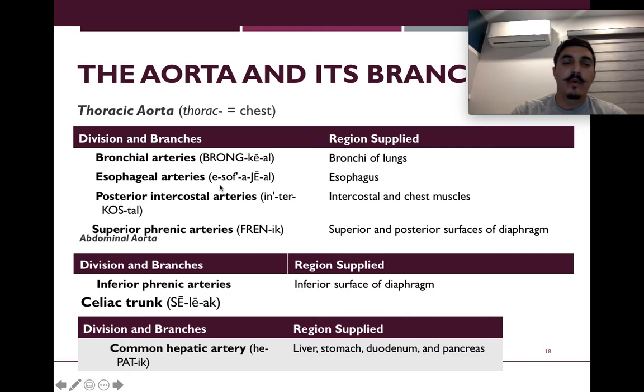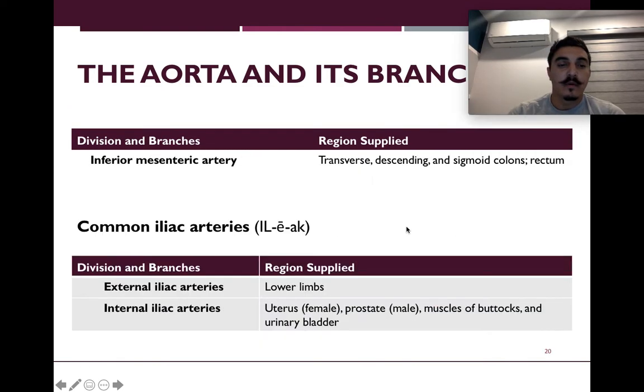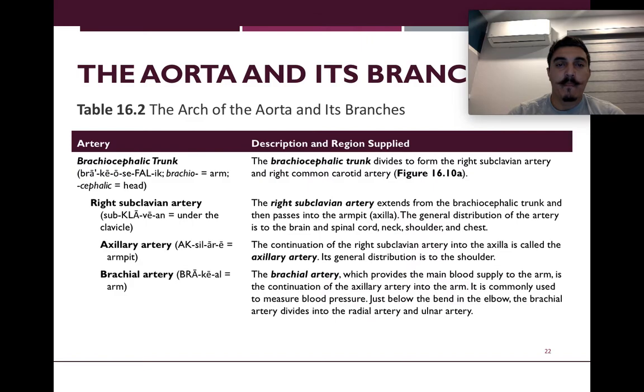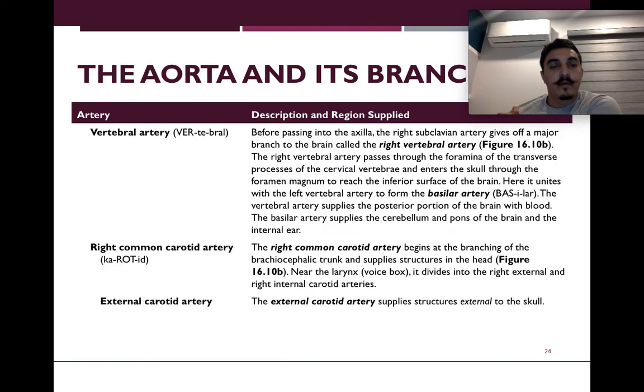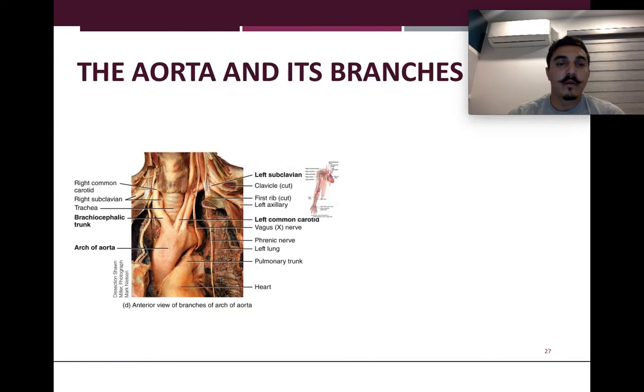So just the words themselves will tell you where it's going to take that blood. Okay. We have the brachiocephalic trunk, the right subclavian artery, axillary, brachial artery, the radial, the ulnar. Okay, so different parts, carotid artery.